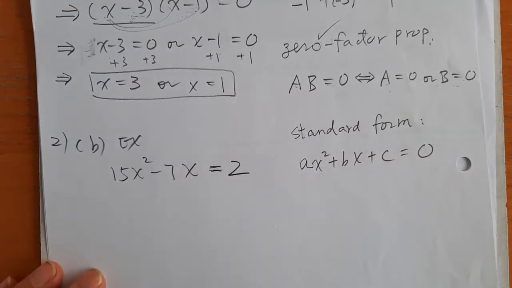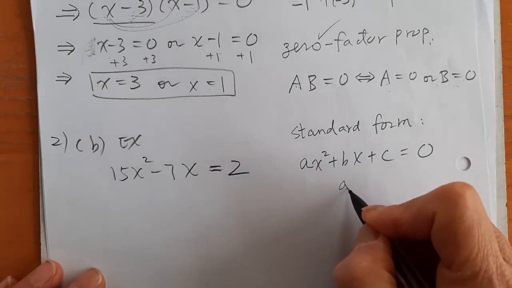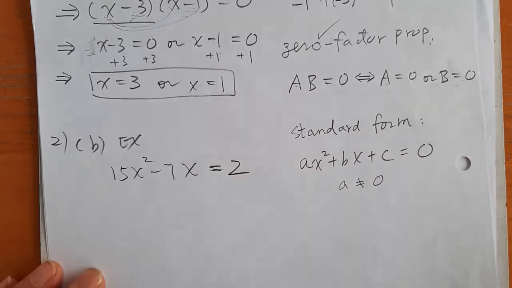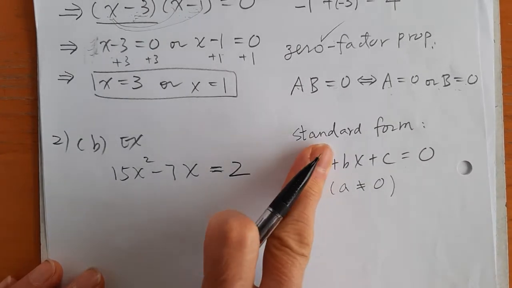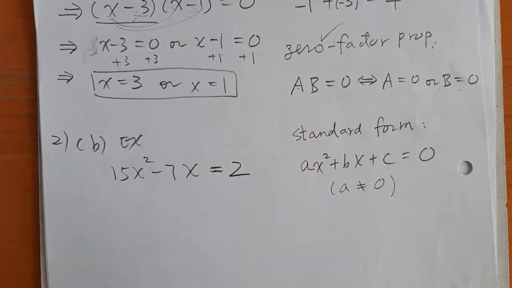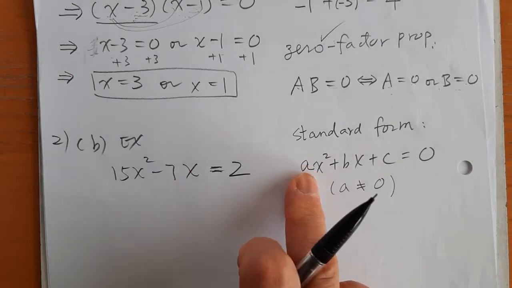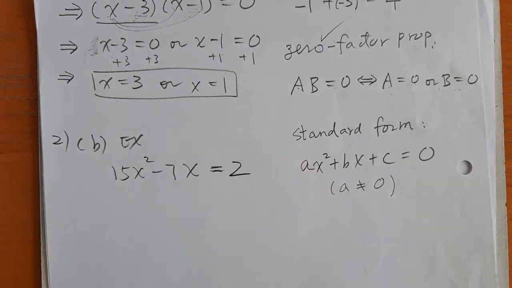This we call the standard form of a quadratic equation. And a cannot be 0, because if a equals 0, there's no more x squared term. It's not a quadratic equation. So the leading coefficient a cannot be 0.